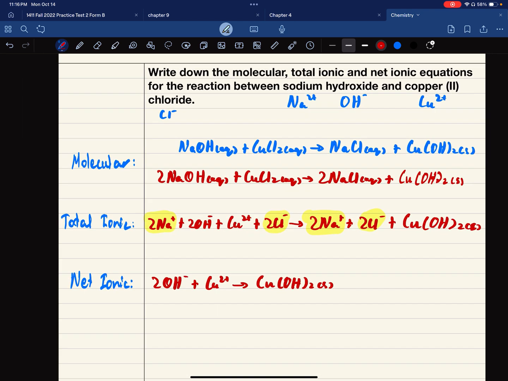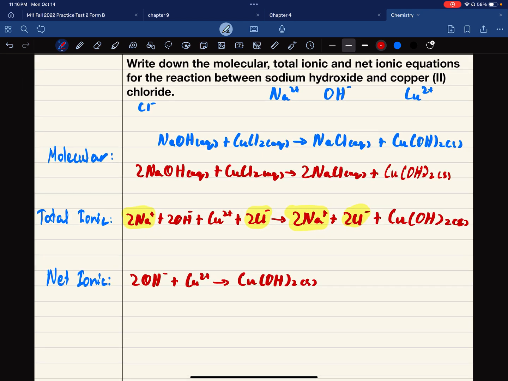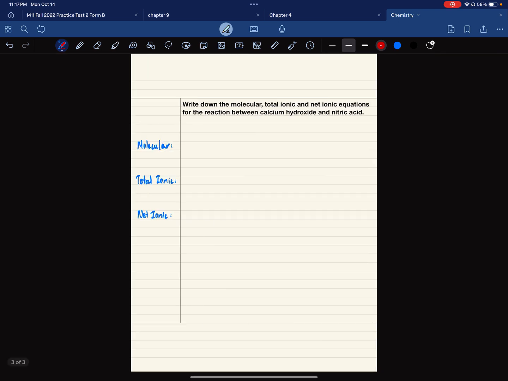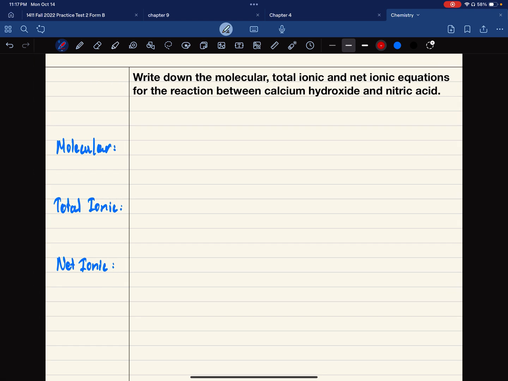In this equation, a precipitate is formed, and when a precipitate is formed, it doesn't dissociate because it's a solid. And this is the process of finding out the molecular equation, total ionic equation, and net ionic equation for a precipitate reaction. In our next question, this is going to be an acid-base reaction.